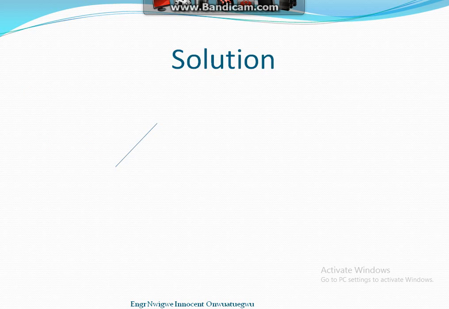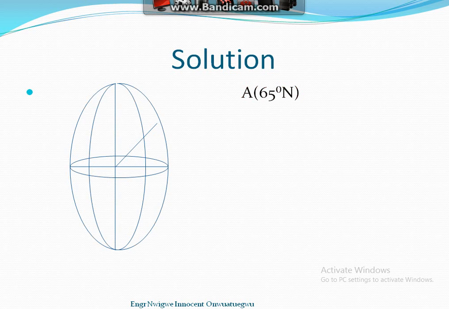Solution. We draw our longitude along the vertical axis of the circle. Then we also draw our latitude on the horizontal axis of the circle. We now have the great circle and the equator.